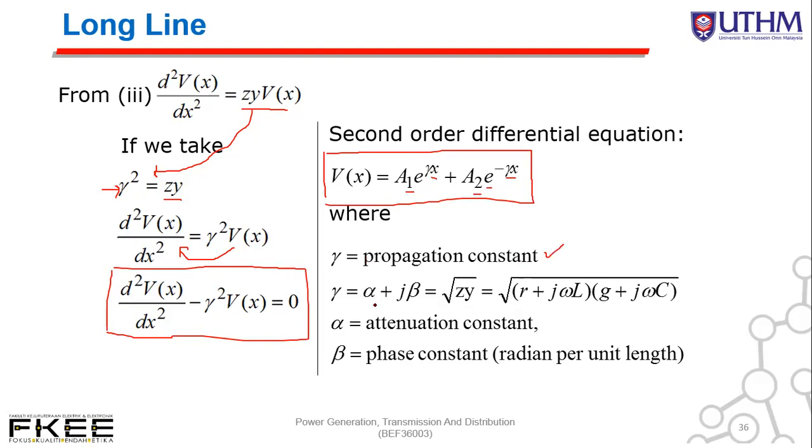It can also be simplified into alpha plus j beta, which is the same as the square root of Z over Y, the same as the square root of (R plus jωL) times (G plus jωC). Alpha is the attenuation constant, and beta is the phase constant, in radians per unit length.